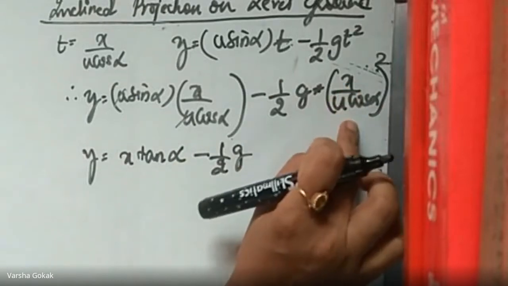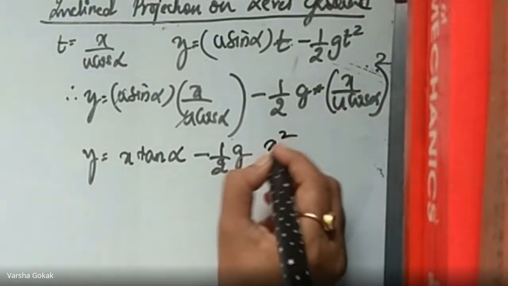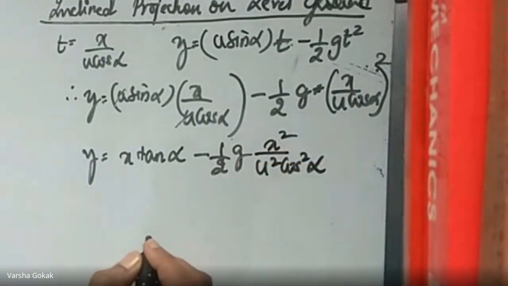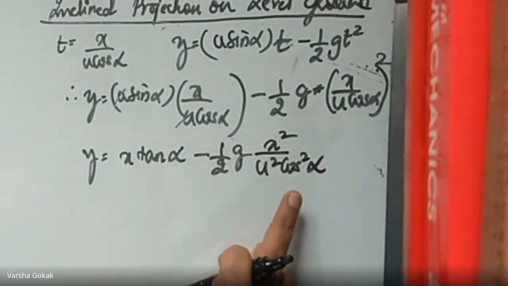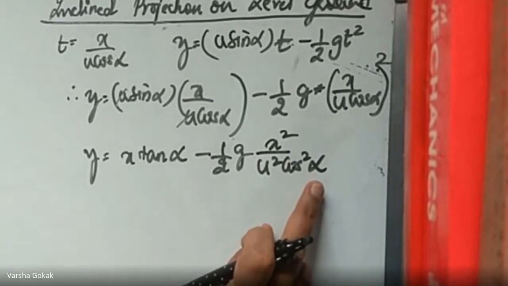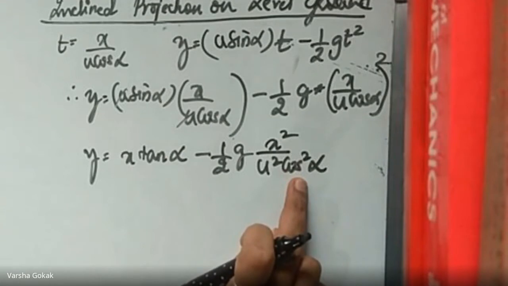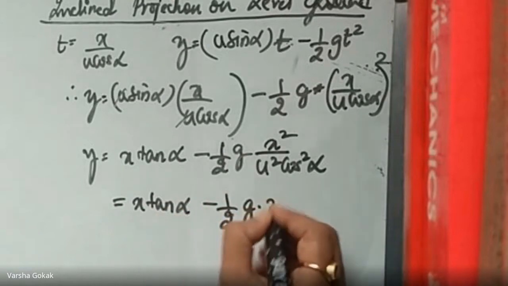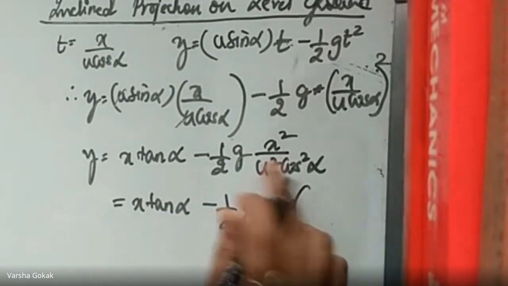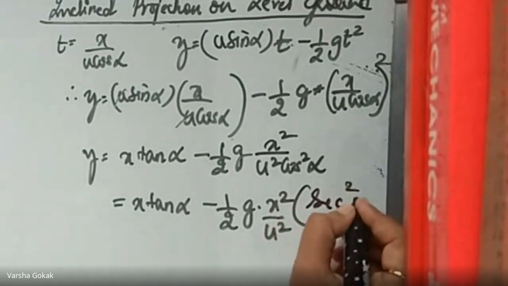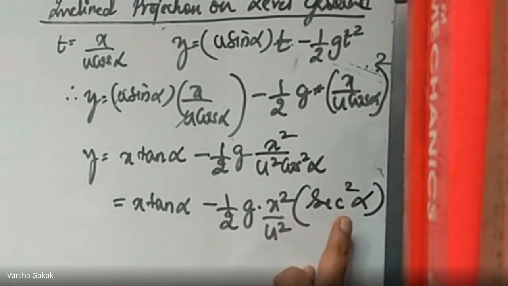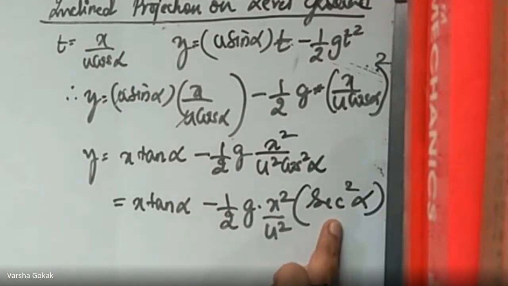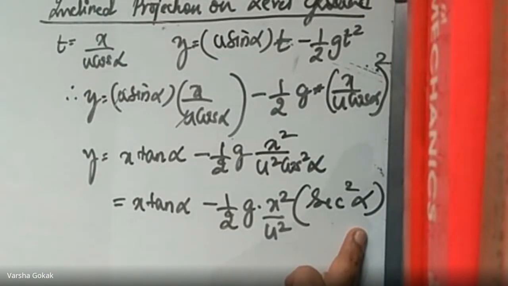Now when I open the bracket, it becomes x square divided by u square cos square alpha. Correct? I have just opened the bracket. So 1 by cos square alpha can be written as sec square alpha, and what can I substitute for sec square alpha? 1 plus tan square alpha.